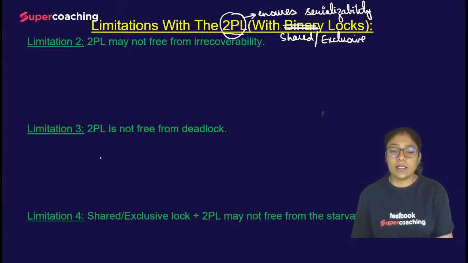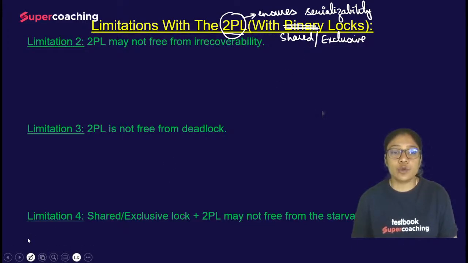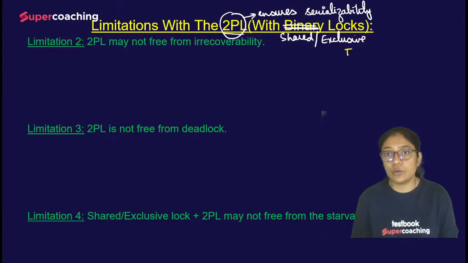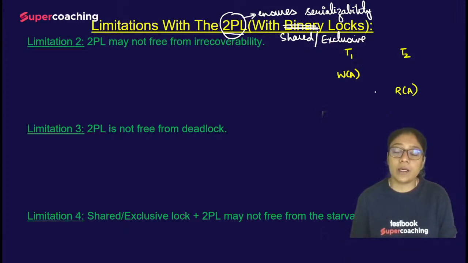Let's consider the example for the recoverability. Here we have two transactions T1 and T2. T1 is writing some data item, updating some data item, and T2 is reading the value. Schedule irrecoverable कब होते हैं? T2 is dependent on T1, and let us say that T2 is getting committed first.